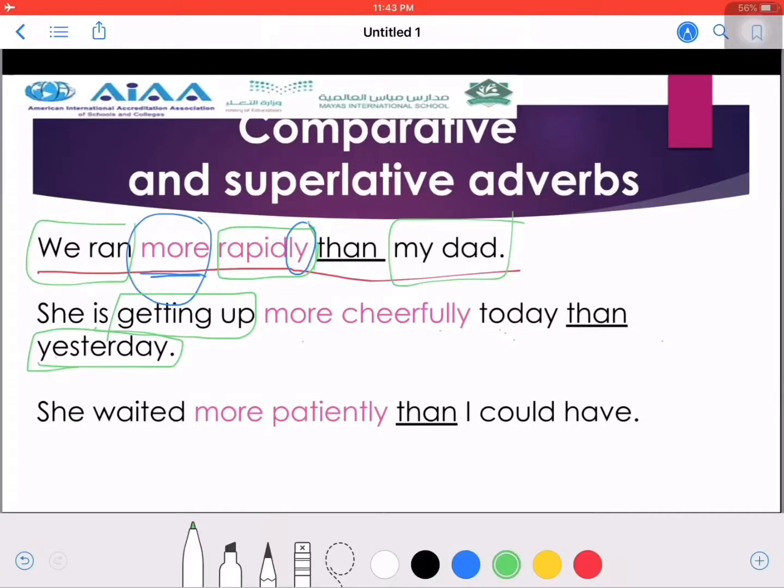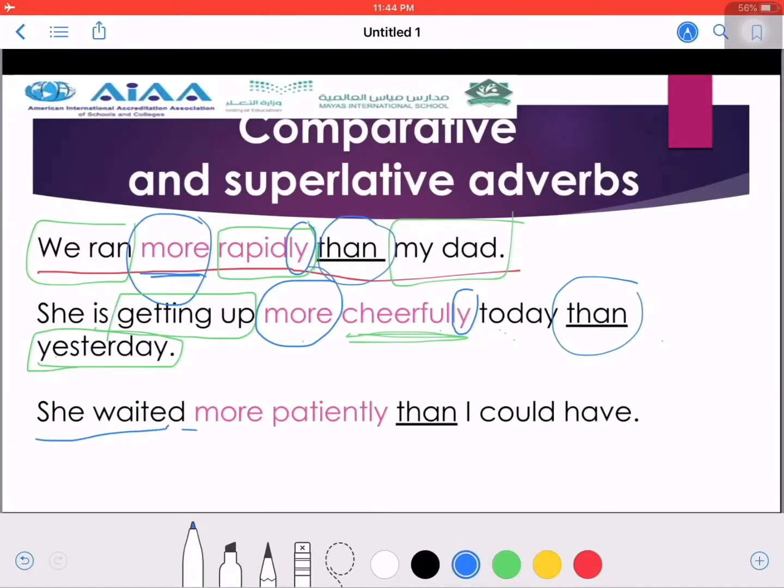And today she gets up. How did she get up yesterday and today? Cheerfully, right? But which one is more cheerfully? More again. We have more cheerfully because the adverb ends with ly. Cheerfully. It has more than one syllable. And we don't forget the word than.